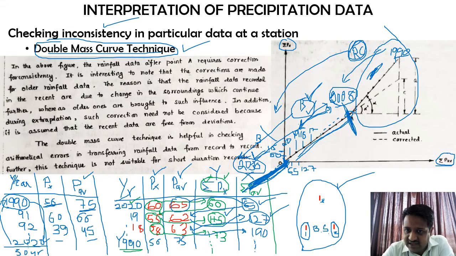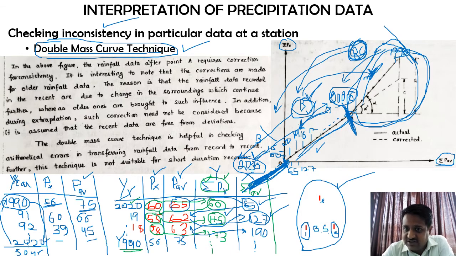So for this reason, I am going to apply the corrections for the past years, not for the present year. I am going to correct this for the past years, so that beyond this 2008 till 1990, I imagine this building is existing even during this phase, and then the rainfall characteristics need to change to the recent one.